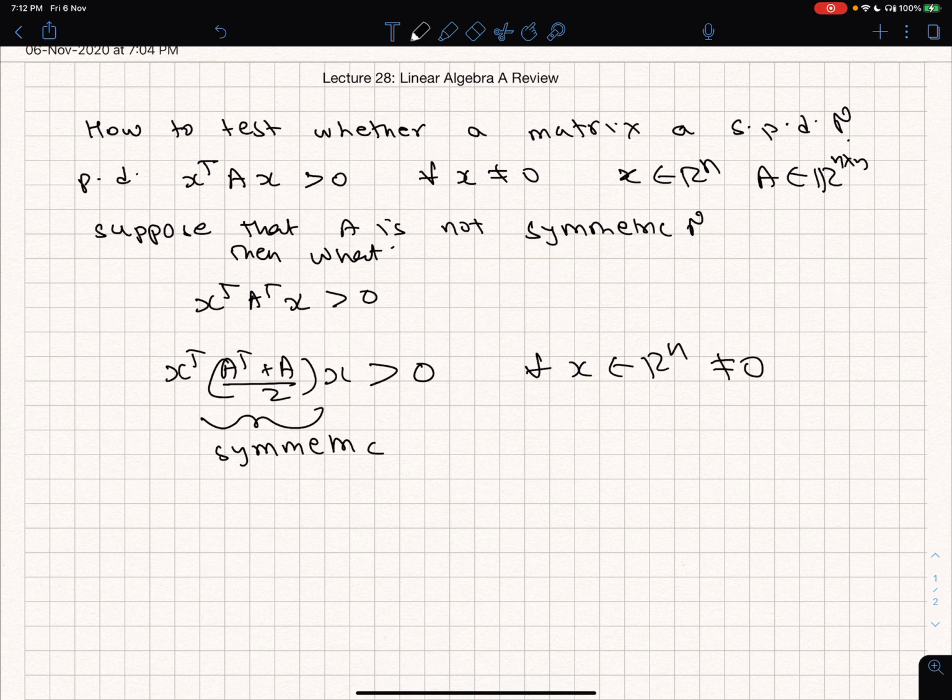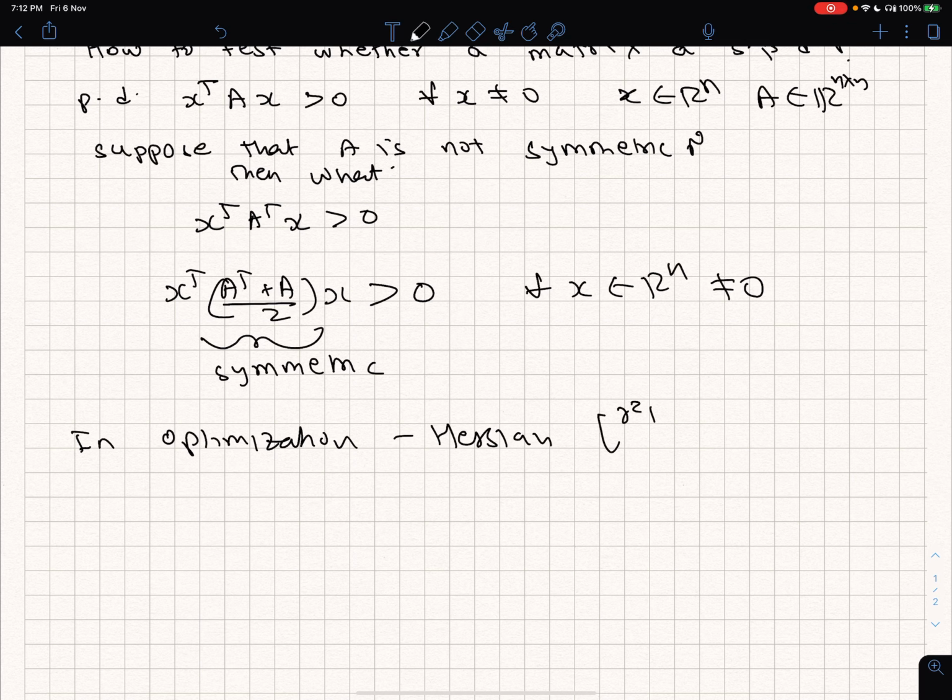In optimization, we are mainly concerned with Hessian matrices. What are Hessian matrices? Do you recall? Del square f by del x square, n cross n matrices, which are anyway symmetric.